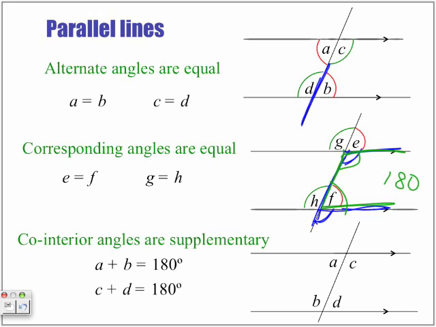Look at how the lines here cross one another, which means whatever this angle is will be equal to whatever that angle is, and whatever this angle is will equal whatever that angle is. So that is a quick review of what we did in the previous slide.